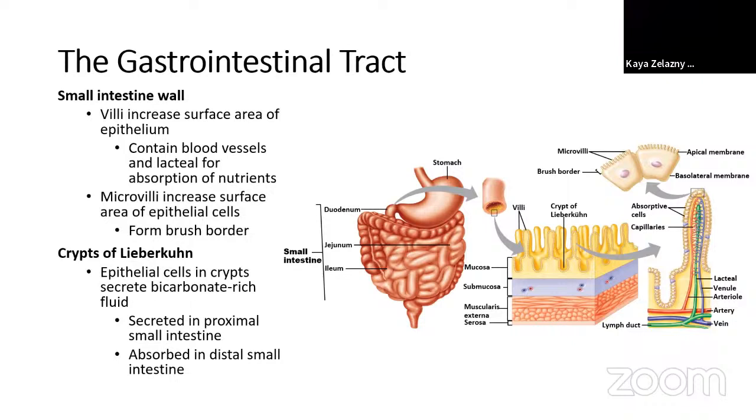We don't want to lose a ton of bicarbonate. We want to regulate that, keep that stable. So eventually that bicarbonate will be reabsorbed. It's going to get absorbed later in the distal parts of the small intestine. So once we've neutralized that acid, we can recoup some of our losses of bicarbonate.